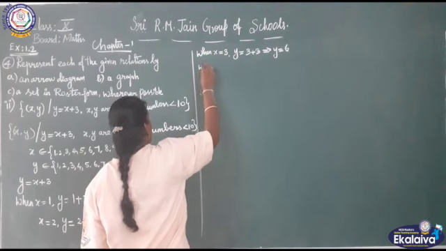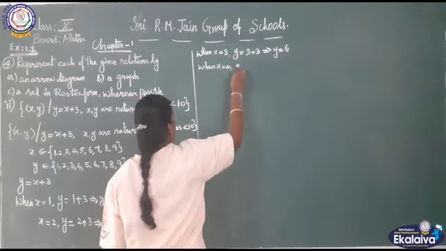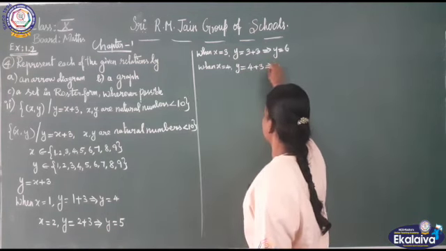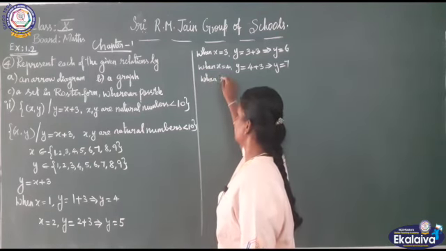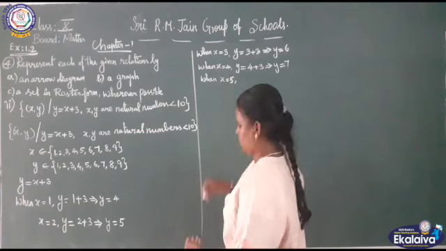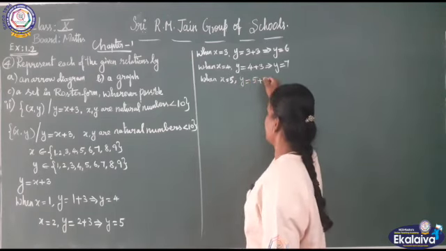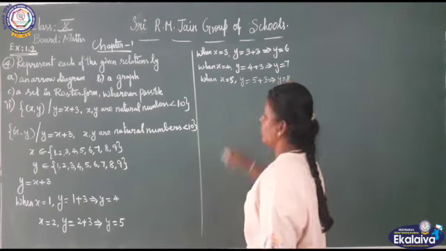When x equal to 4, we will get y equal to 4 plus 3, which gives the y value as 7. When x equal to 5, we will get y equal to 5 plus 3, which gives y equal to 8.